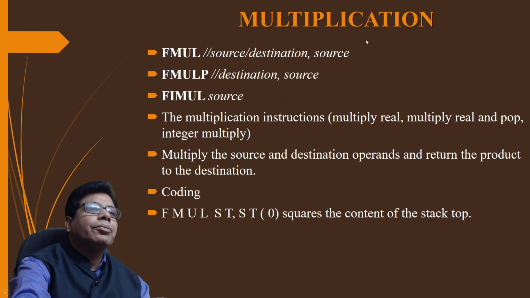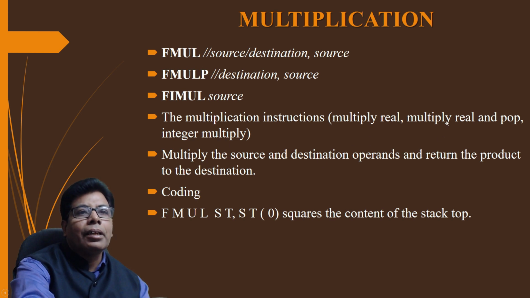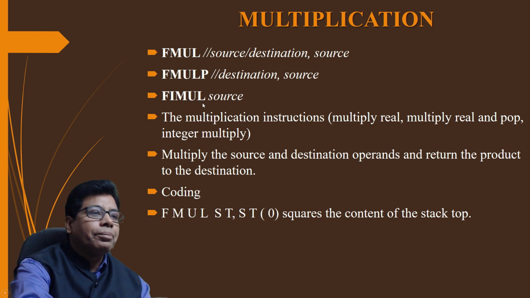Then multiplication. In multiplication again we have the same three instructions: multiply real, multiply real and pop, and integer multiply. These are FMUL, FMULP and FIMUL. Again they multiply the source and destination operands and return the product to the destination.